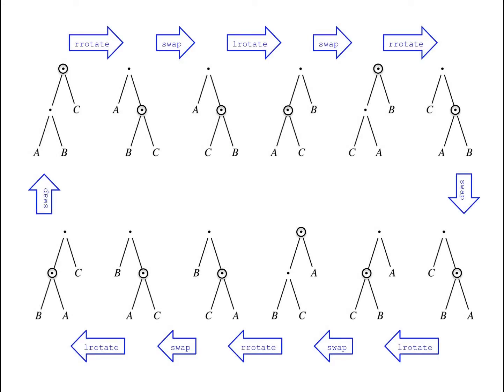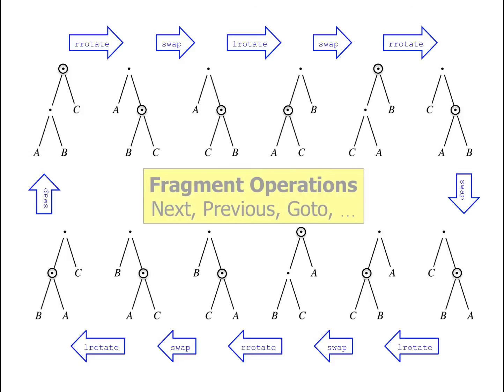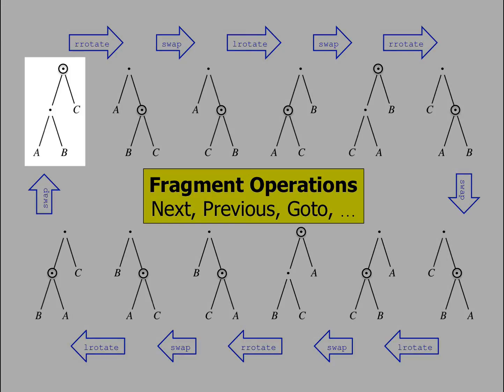And in fact, the SDD package provides a fragment abstraction, which is a structure, together with operations that you can apply to this structure. That includes next. So if you construct a left linear fragment, let's say, and you say next, then it will take you to the next state. If you call the operation next again, it will move you to the state after that, and so on. And you can do previous, so you go to the previous Vtree in a fragment.